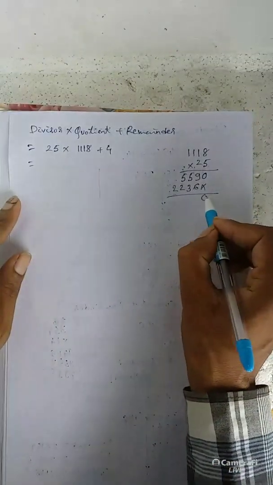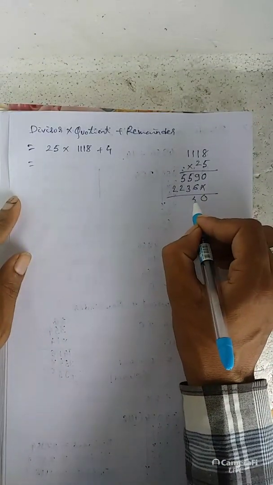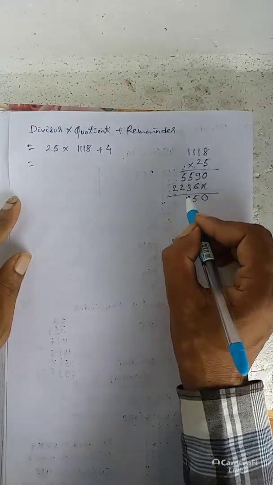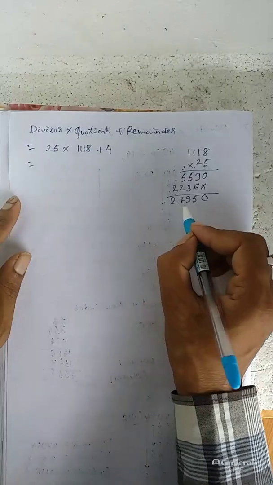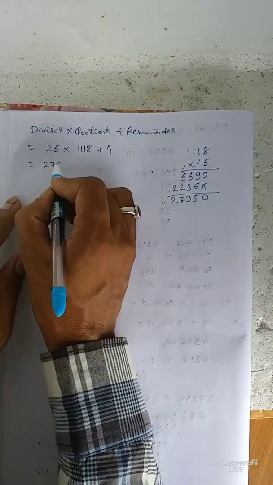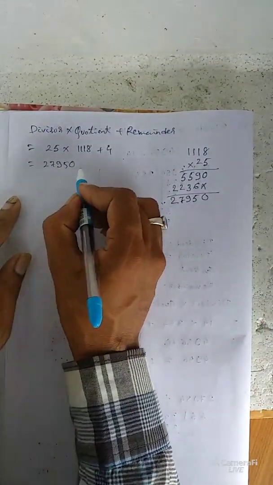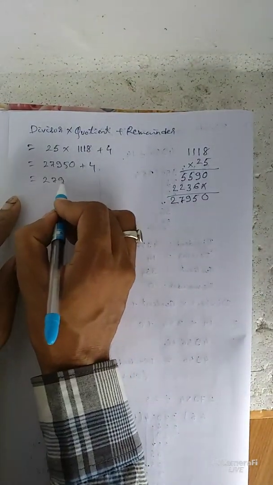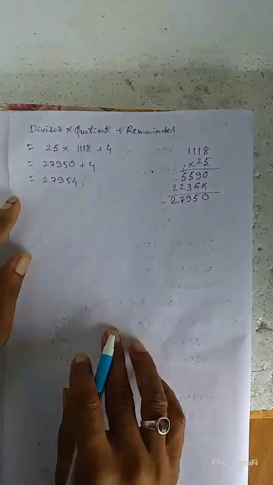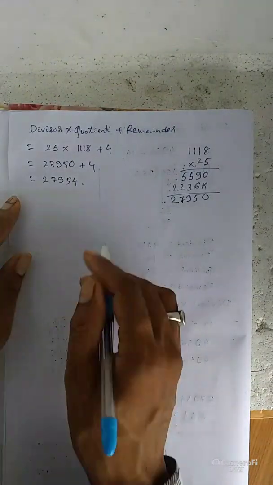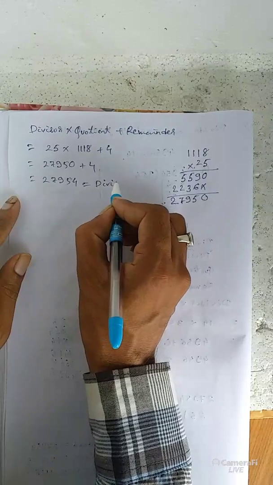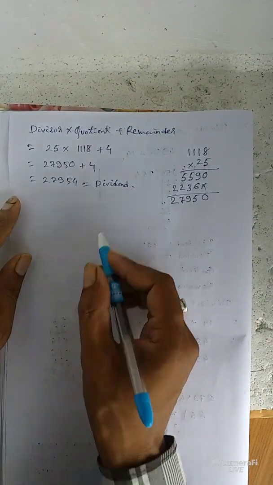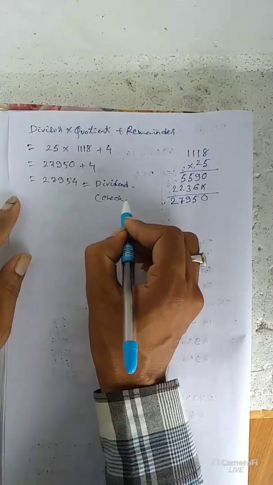Now add. 0, 9 plus 6, 15, 5, 1 carry, 5 plus 3, 8 plus 1, 9, 5 plus 2, 7, 2. So we get 27950 and add this with 4. So we get 27954, and see, this is the dividend. So our result is correct and it is checked.